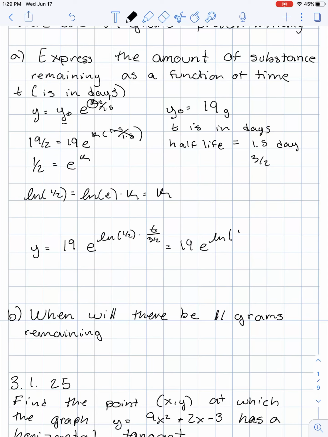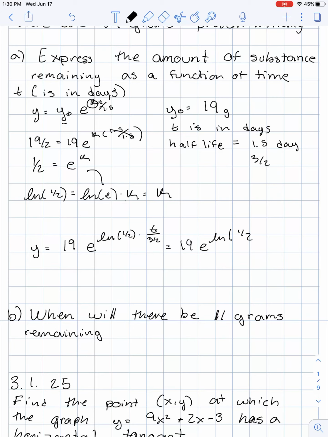This is kind of a nice little trick because I know you'll want to cancel out this ln and this 1/2, but I can't because this t divided by 3/2 is in the way. So I need to do the reverse of what I did right here, where I had a coefficient from the power after I ln. So I need to make t divided by 3/2 a power of 1/2.